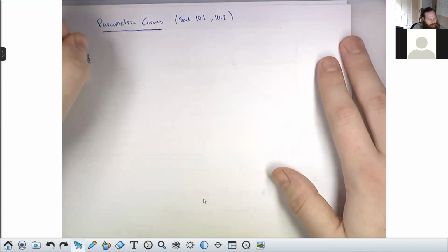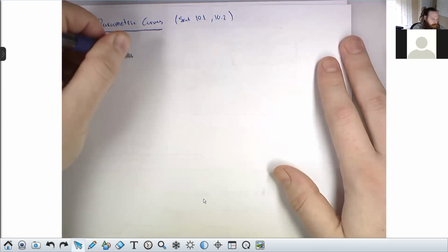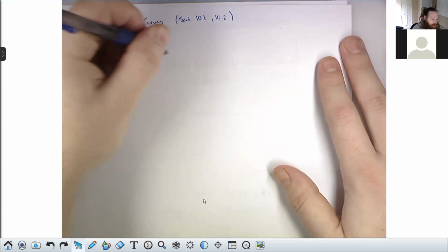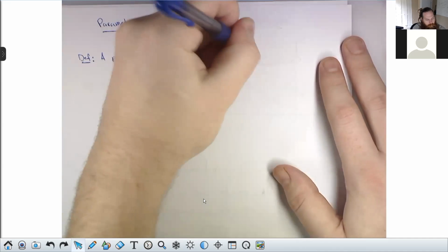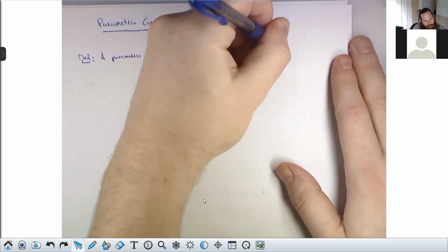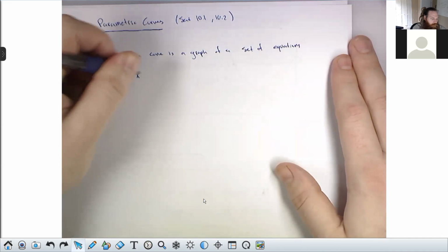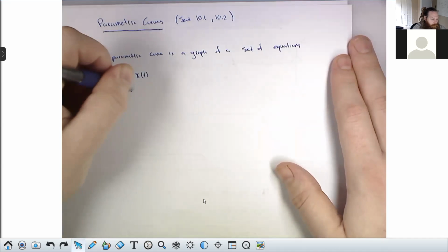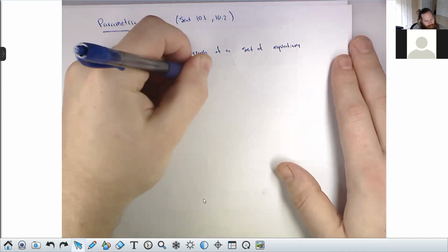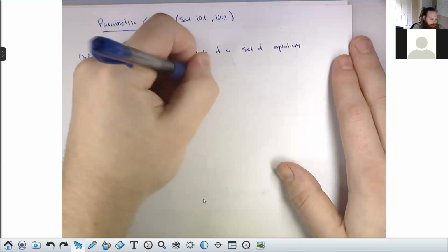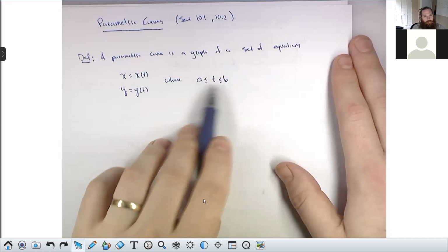I think I had time to introduce these to you guys last week, but just to recap, a parametric curve is a graph of a set of equations that look like x equals x of t, y equals y of t, where there's a time domain specified, and these may be strictly less than or less than or equal to.